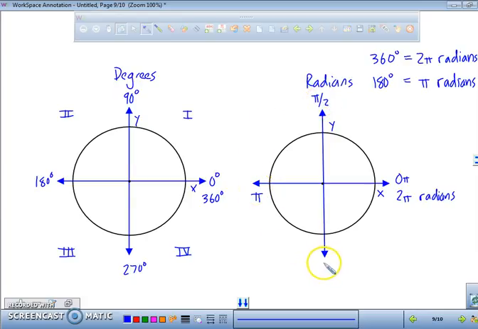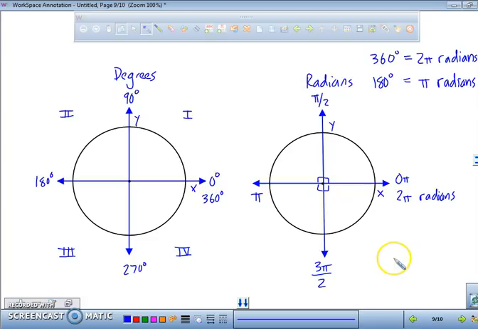What's going to be at 270 degrees? 3 pi over 2. 1.5, right? That's 1.5 pi. All right, so each one of these little sections represents basically a half a pi.